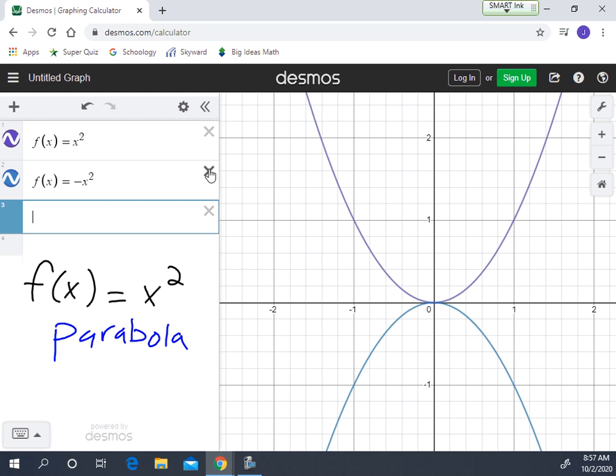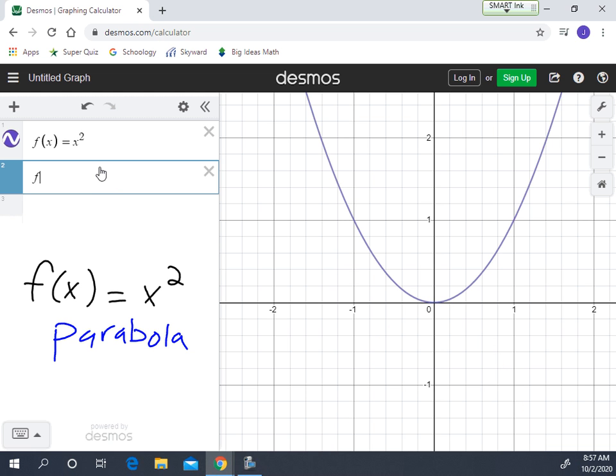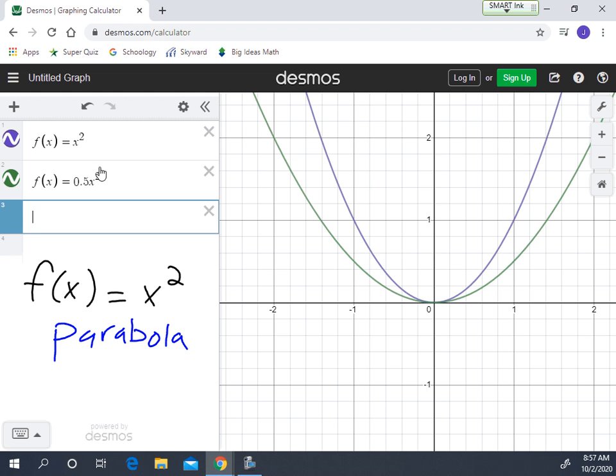What happens if we go between 0 and 1? Let's type in 0.5x squared. Notice when we're between 0 and 1, our graph actually gets wider than our base graph.